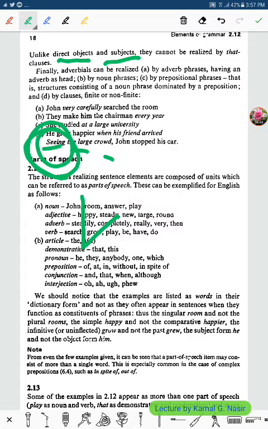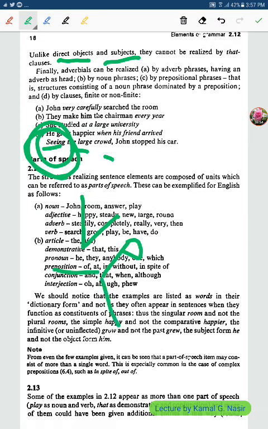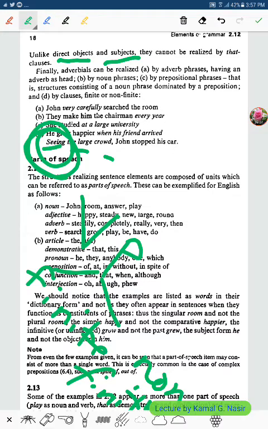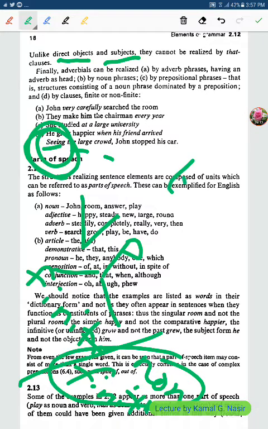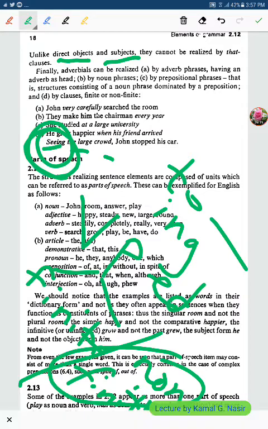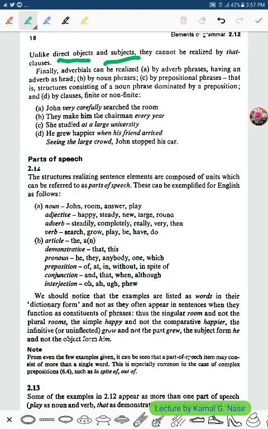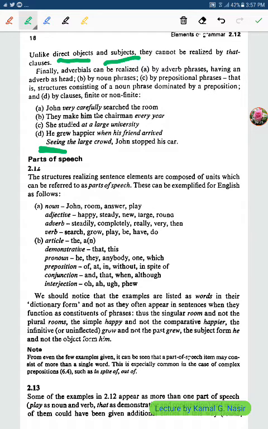You remember the verb phrase is divided into finite and non-finite, and there are three types of non-finite: the infinitive, the ing participle, and the ed participle. What is this? It is an ing participle.